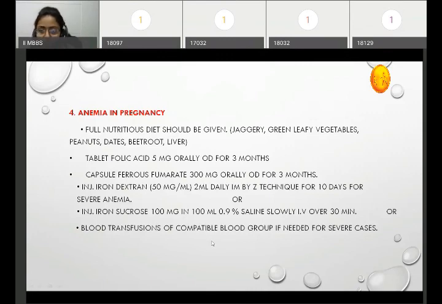So this was regarding anemia in pregnancy. Regarding injectable iron molecules like iron dextran, you should know the correct dosage along with the technique that is given. It is given by Z technique only. It is given 2 ml daily intramuscularly, or you can give 5 ml on each side like that, etc.